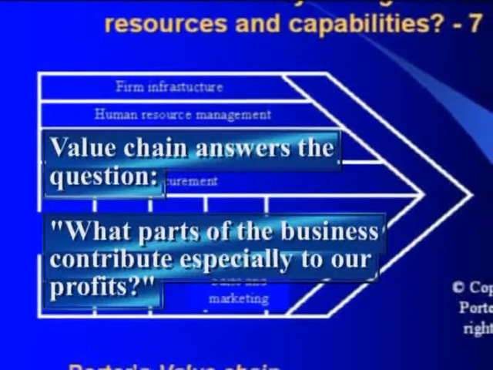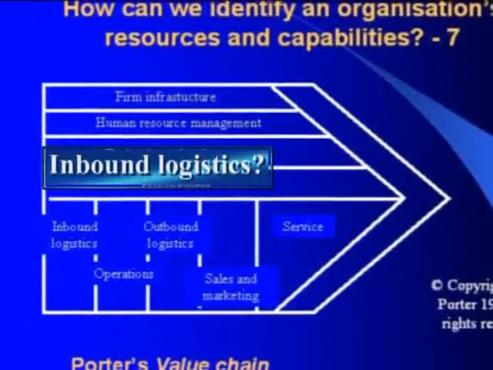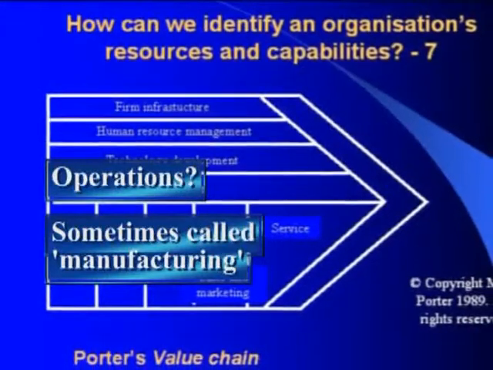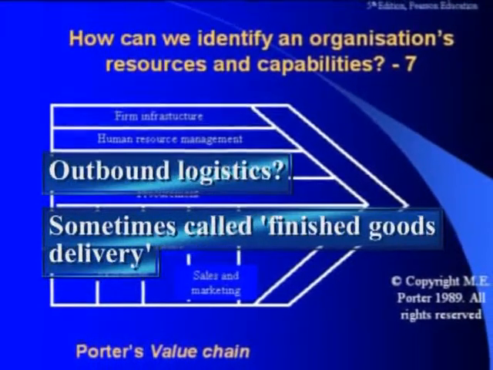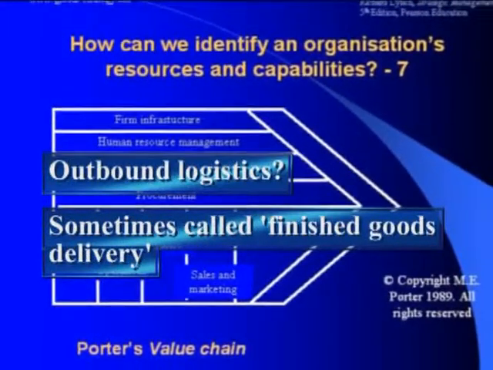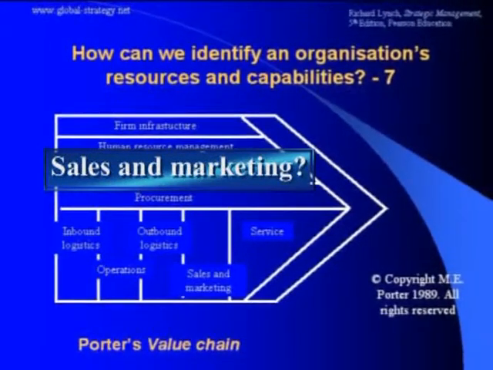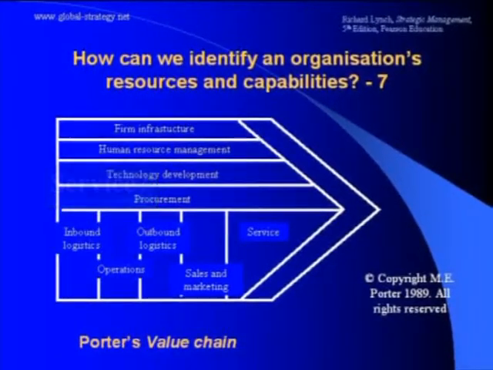The value chain identifies where value is added in an organisation and links the process with the main functional parts of the organisation. It's split into primary activities and support activities, and you can read about this and the diagram for this on page 132 of Chapter 4 of the text.